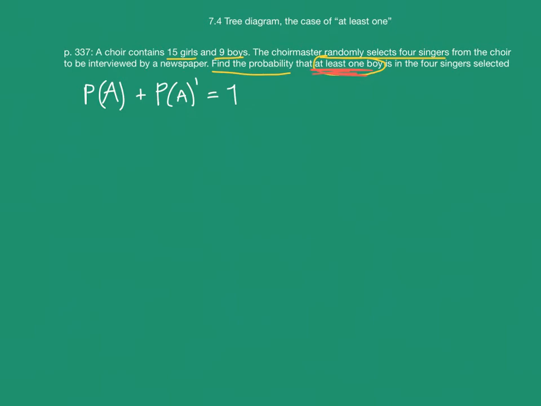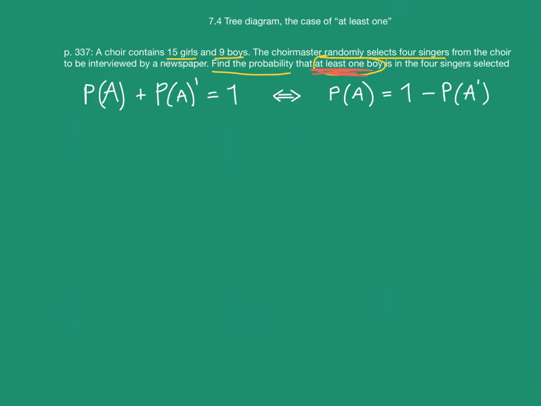Now this would be equivalent to saying that the probability of an event is equal to 1 minus the probability of its complement, and that's the part we want to use.